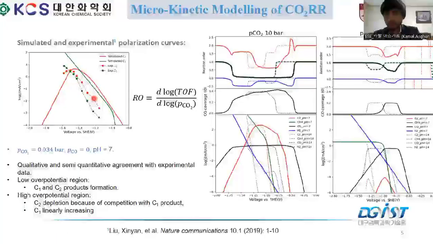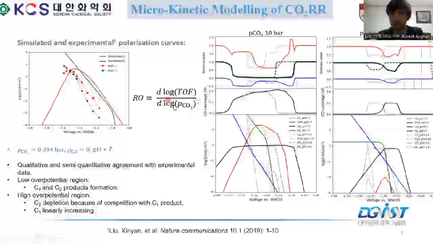To understand the partial pressure effect of carbon dioxide, we consider two extreme pressures which we have mentioned in our modeling. The maximum partial pressure is 10 bar, while the minimum partial pressure is 1 exponent minus 5 bar. So our reaction orders, coverage, and current densities are functions of voltage on the SHE scale, while the reaction order is calculated by this formula.